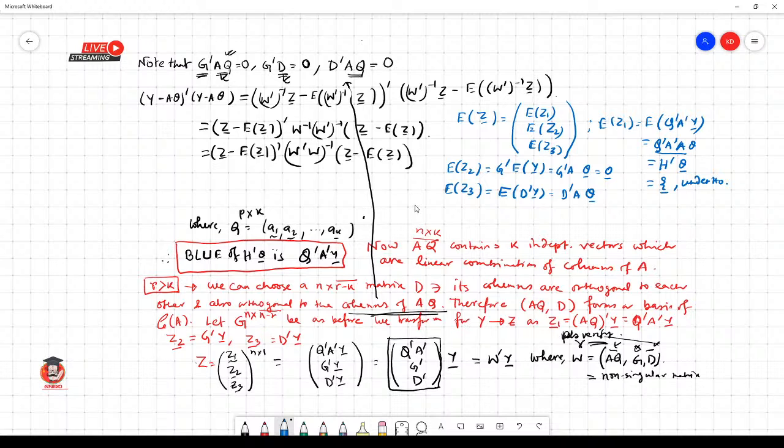And since Z's are linear functions of Y curl, which is normally distributed, each of Z1 curl, Z2 curl, Z3 curl are normally distributed.